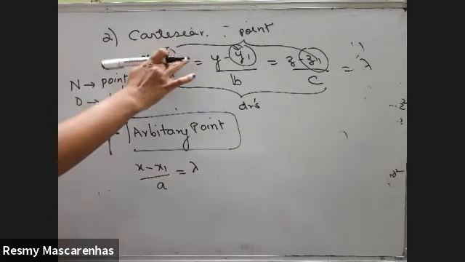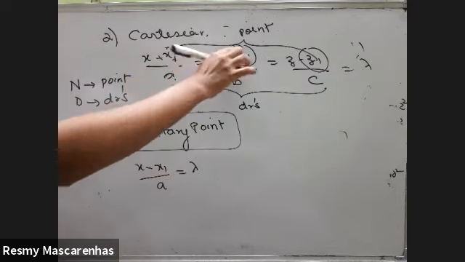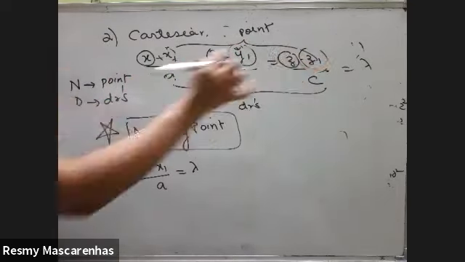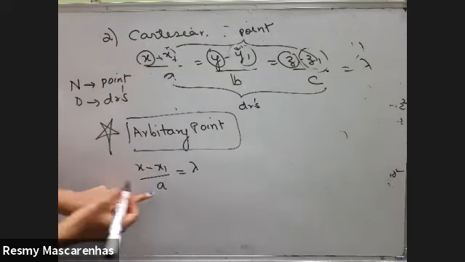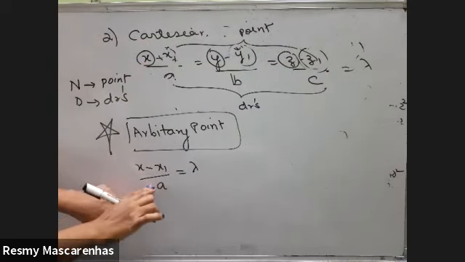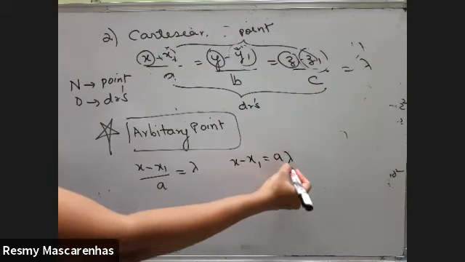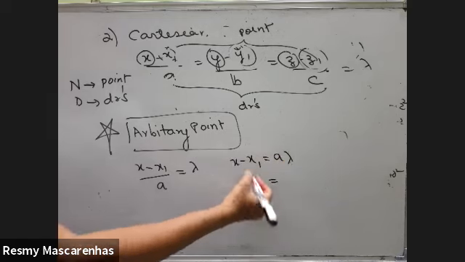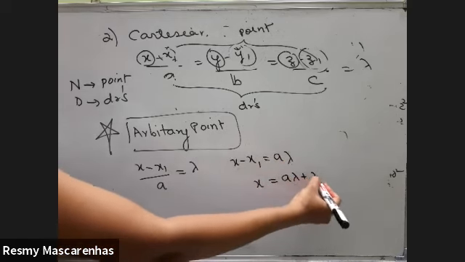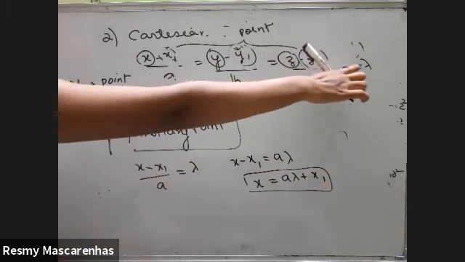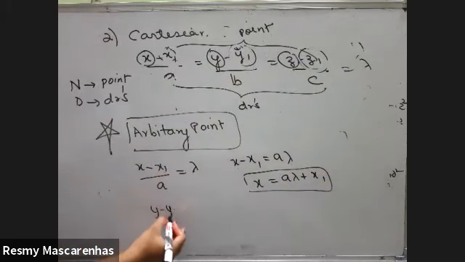This x, y, and z we are finding now. To find the value of x, take a on the other side. So x minus x1 will be a lambda. What is the value of x? Nothing but a lambda plus x1. In the same way, for the second part you equate to lambda and find the value of y.